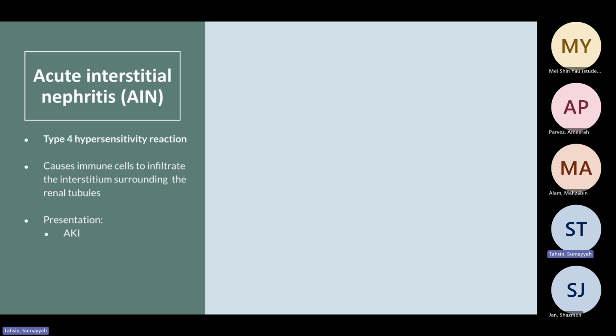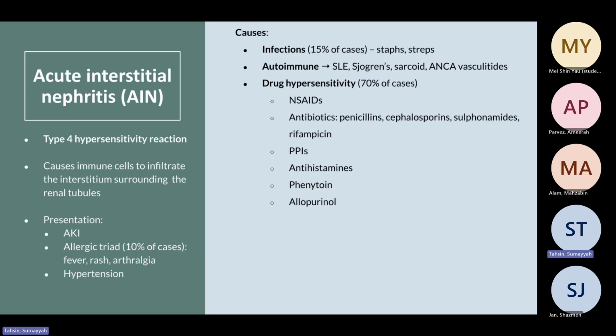So the most common cause is drugs, for example, antibiotics, NSAIDs, allopurinol, mesalazine, phenytoin. If the question stem has reference to any of these and the patient has symptoms of an AKI as well as the three other things that are seen with AIN, you can suspect acute interstitial nephritis.